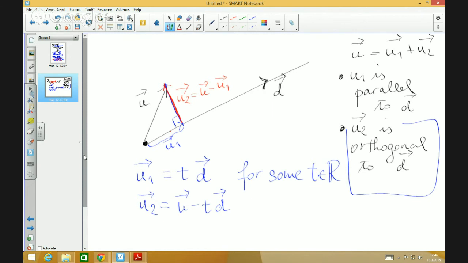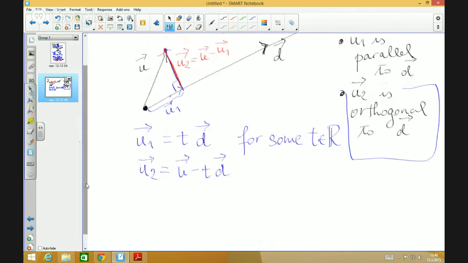We just saw that. So let's compute the dot product. u minus t times the direction vector d, dot product with d, this thing should be 0.